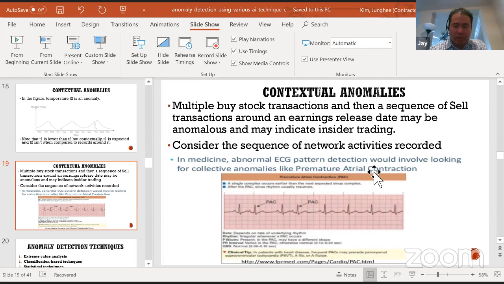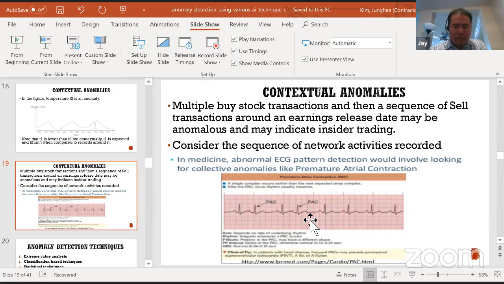Another example is in medicine. You can see every pattern is similar over time, but there are some peaks that come out a little bit faster than the other patterns.